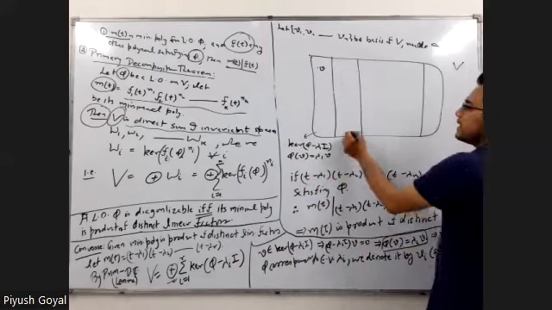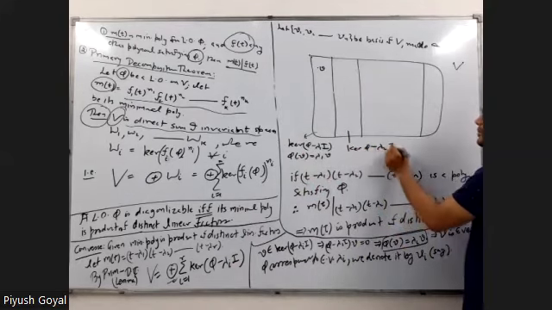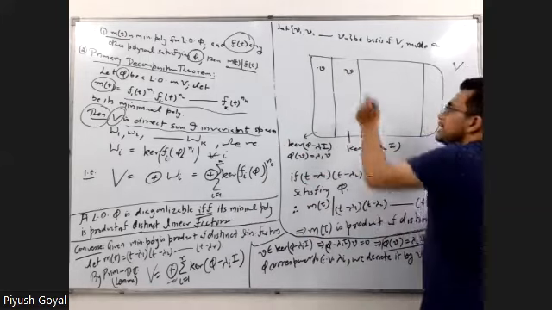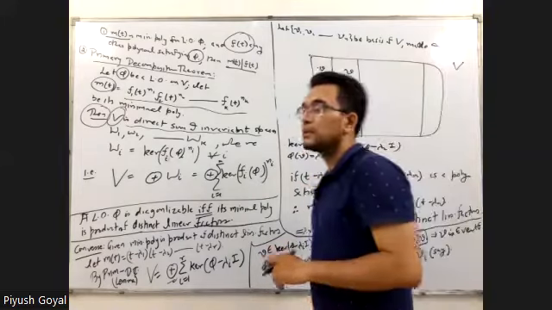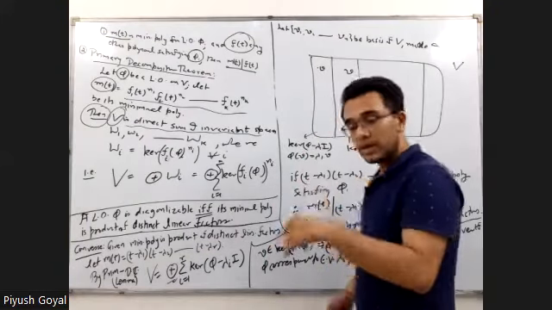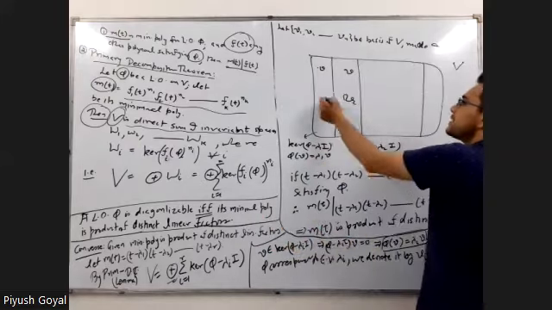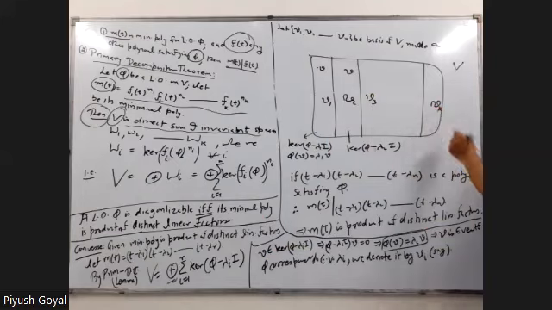In the same way, this is your kernel of phi minus lambda 2 I. If you take an element from this, this will become an eigenvector corresponding to the eigenvalue lambda 2. So represent this by v2, this by v1, this by v3, and so on, up to vk.